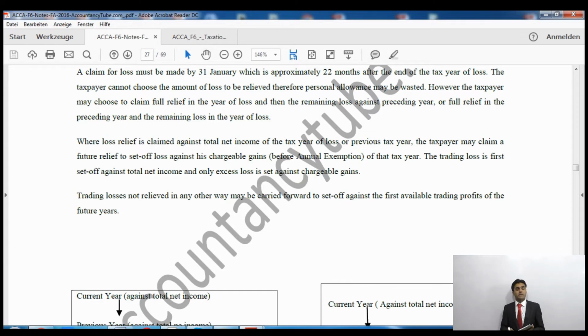I was not going to pay tax anyway. So there is no benefit to set off against the current year, right? Whenever we are setting off the loss, it will waste our personal allowance. We have to set off the loss against the whole profit, not just a selective amount, not just the top amount, not just the excess over the personal allowance. So the personal allowance may be wasted.